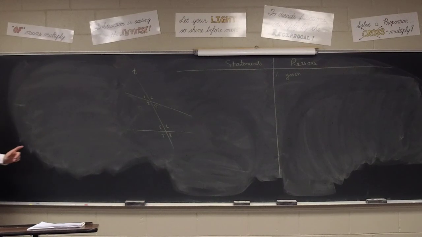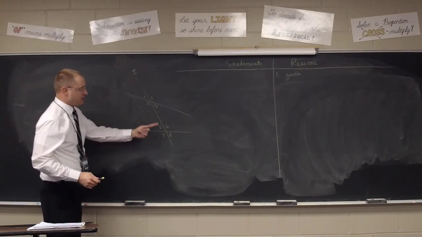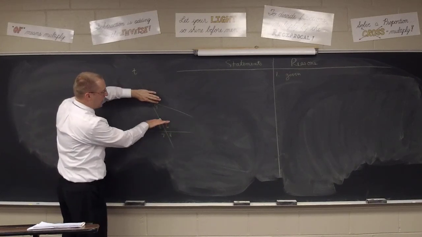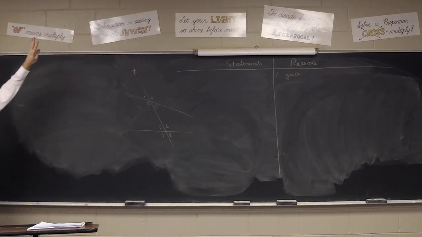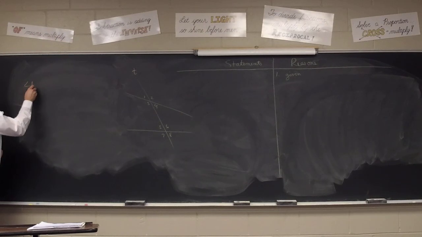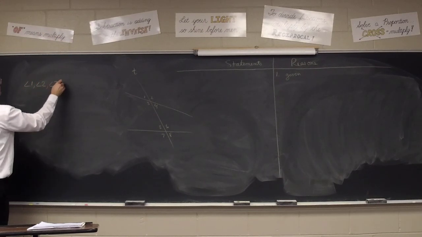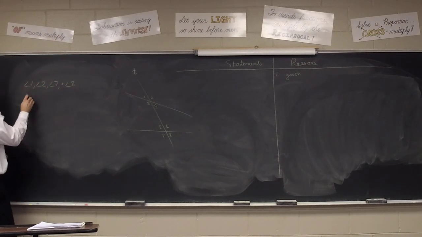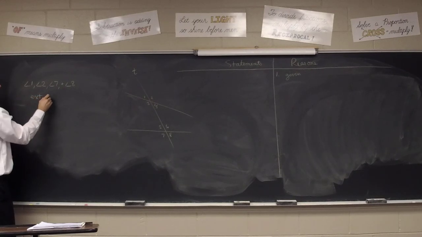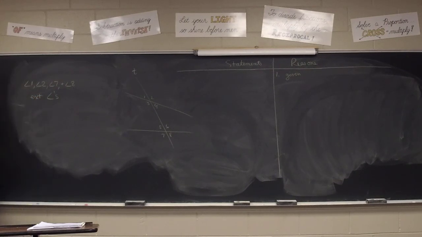You'll notice that angles 1, 2, 7, and 8 all lie to the outsides of the lines, correct? So if you write this down, angle 1, angle 2, angle 7, and angle 8 are called exterior angles. Not exterior angles of a polygon, but exterior angles of the lines. Okay, so 1, 2, 7, and 8, those are exterior angles because they're on the outsides of the lines.